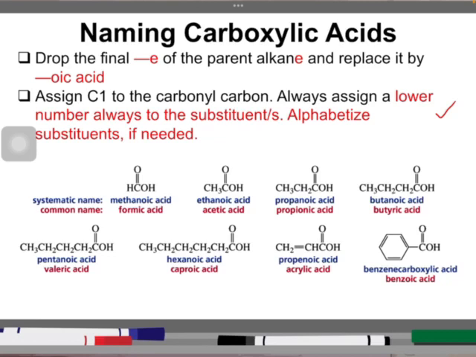So, originally, a one carbon alkane natin is called methane. You drop the E, add the oic acid, so that's why it's called methanoic acid. For two carbons, that's ethane, ethanoic acid. For three carbons, propanoic acid, butanoic acid, pentanoic acid, hexanoic acid, and so on.